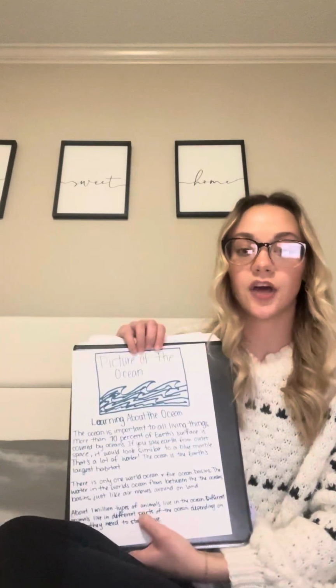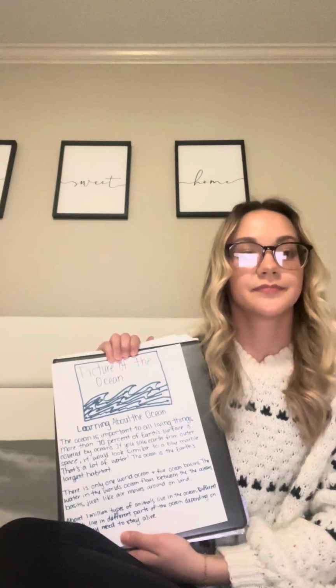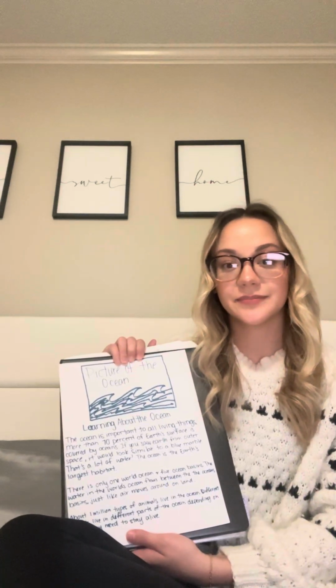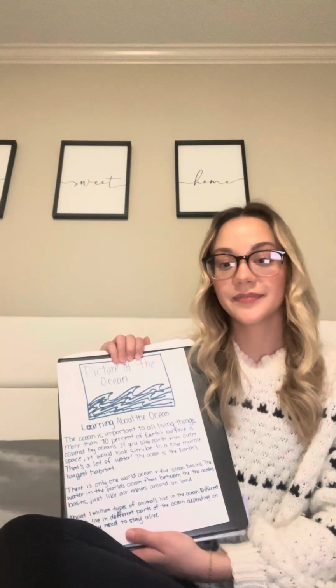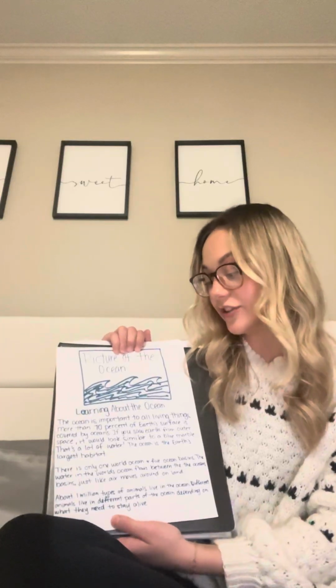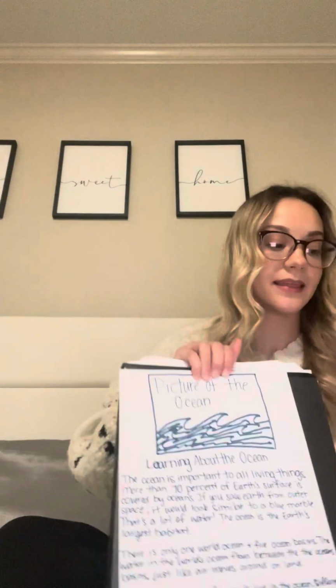So for a moment, I just want you to think about the topic and the main idea of this passage. What do we think the main idea of the passage is? I think that the main idea of the passage is that the ocean is important to all living things. And why do I think that?